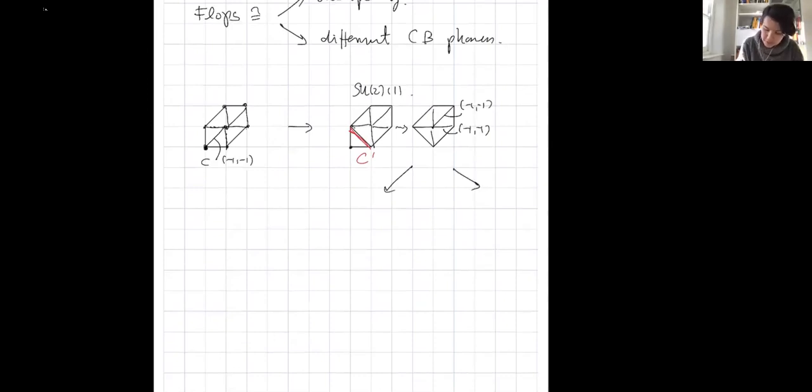So the flops just mean we flip this curve over, and then what we get is the diagram, which is this one here that we had. Or if we take the one down here, we get a slightly different diagram, and that's the following.